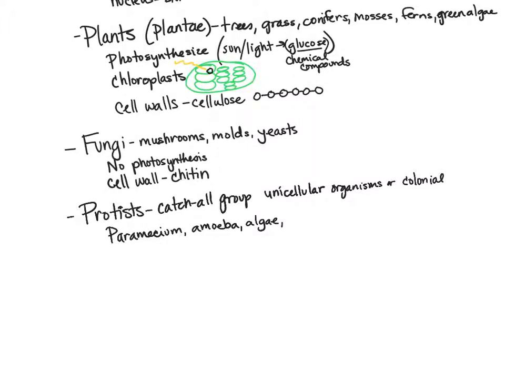Some other things like euglena, colonial volvox, if you've heard that, or stentor. So these are different types of organisms that we would find in the protist group. Some are similar to plants, some are similar to animals, some are similar to bacteria.